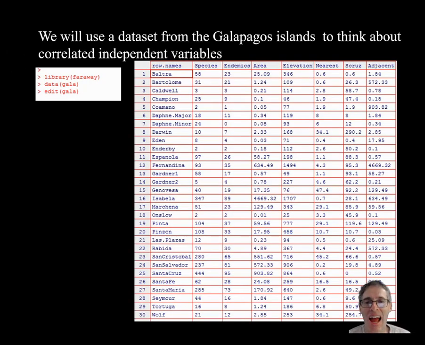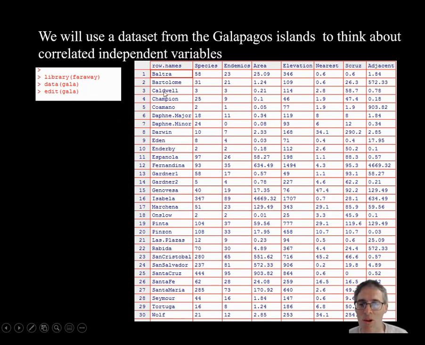And to demonstrate how dangerous correlated variables can be in linear models and how it can lead to completely incorrect inference, we'll start with this data set from the Galapagos Islands that's built into R. So if you do library faraway, you can get this example data set from Galapagos Islands.